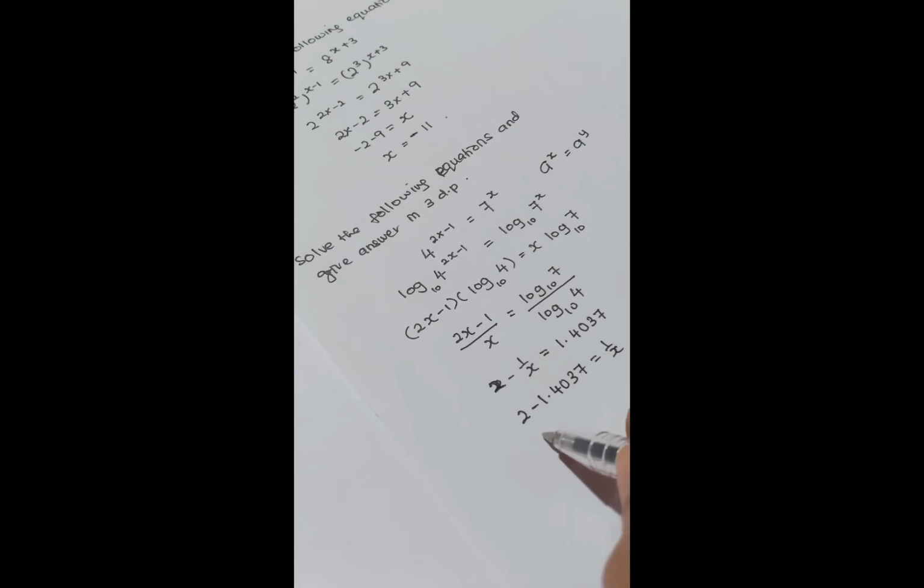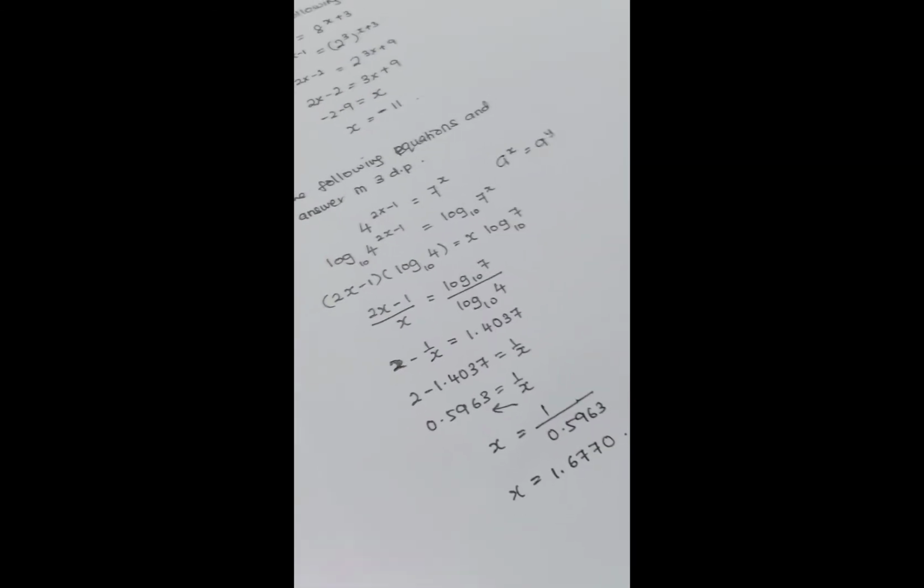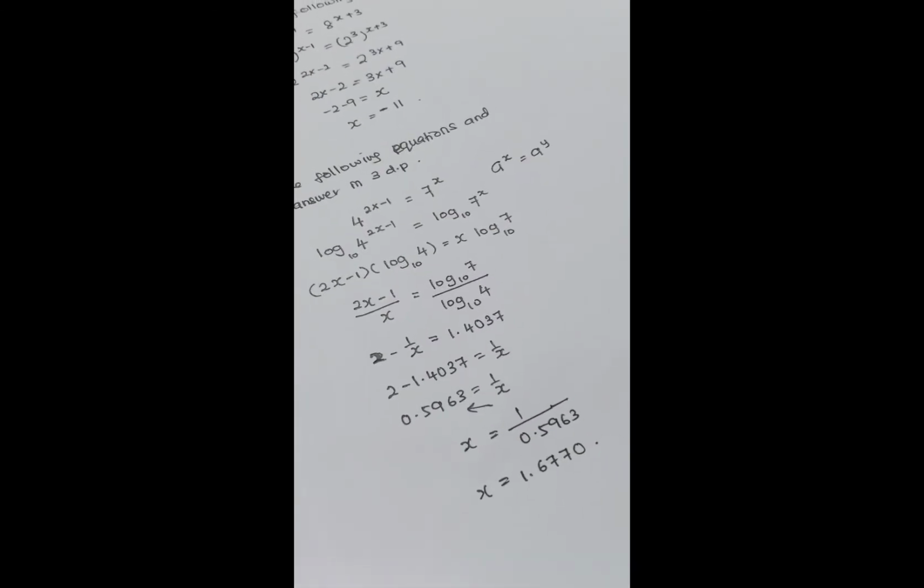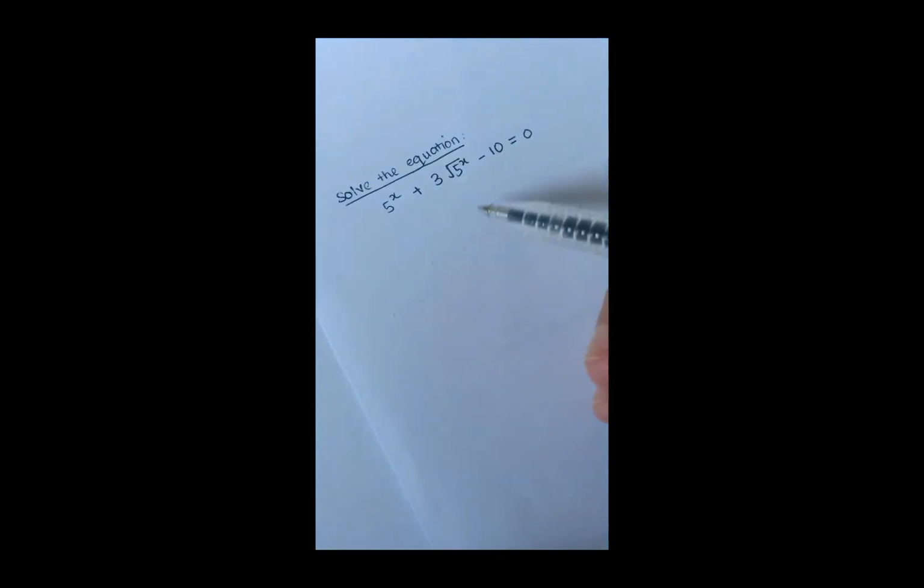So this one we get 0.5963 is equal to 1 over x, and you will find the value of x is equal to 1.6770.